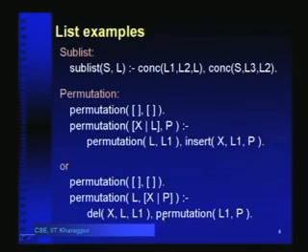So, can we have the predicate delete inside the permutation? For example, suppose we have permutation of X bar L, comma P. So we can write permutation L comma delete X comma P. No. X comma L comma P. X comma P comma L. So you want to treat delete as a function which is going to return a list.